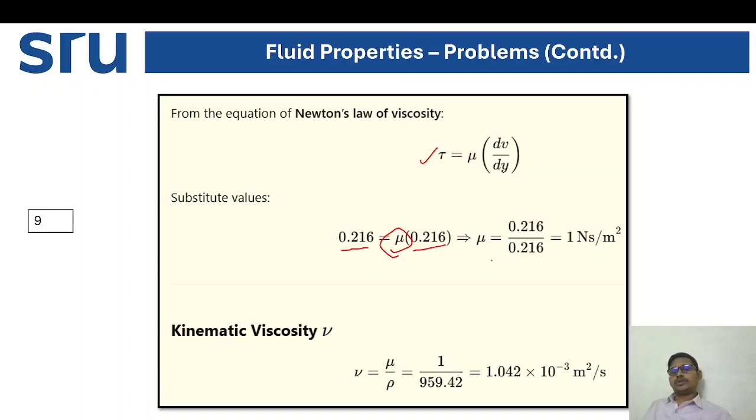So mu is equal to 0.216 by 0.216, that is 1 Newton seconds per meter square. Now kinematic viscosity is equal to mu by rho, 1 by 959.42, equal to 1.042 into 10 power minus 3 meter square per second.